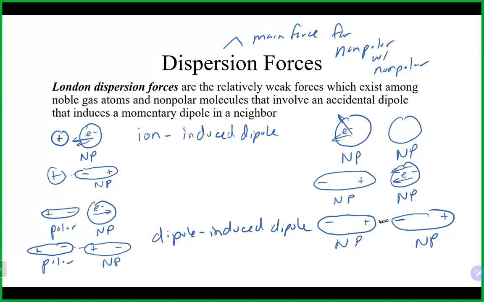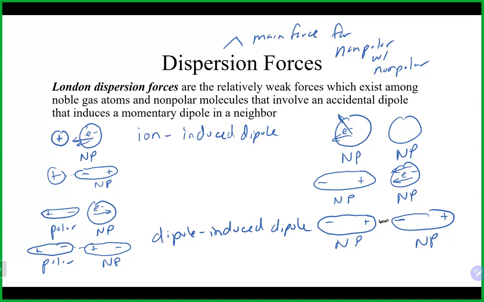So if you're comparing between two nonpolar molecules, they are going to use dispersion forces as their main intermolecular force. And if you want to know which one has the stronger intermolecular force between the two nonpolar molecules, it is the one with the larger molar mass. And that's because if you have a larger molar mass, you will have more electrons.